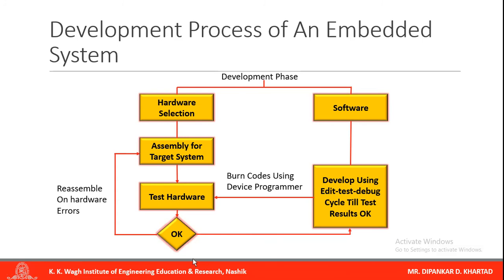If the results are not okay with the software, then again test, develop, debug the software part, again burn to hardware and again check it. If the results are okay, then no issue, then end the phase. So this is the overall development process of an embedded system.